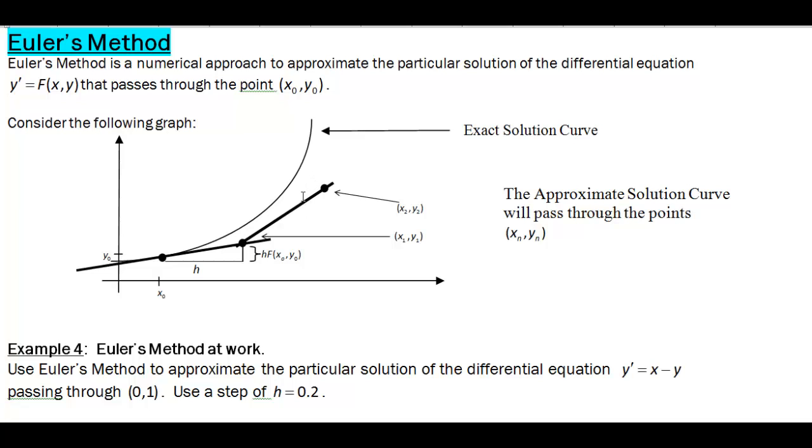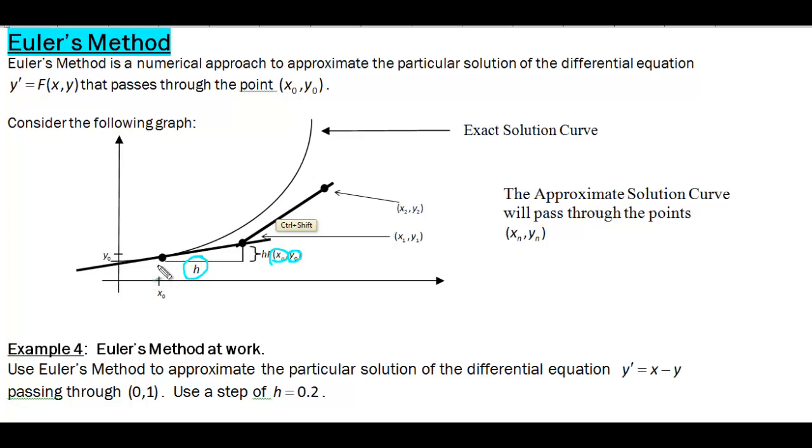As we do that, we are looking at this step value h. How far do we want to go? We can have a step value that's really big or that's really small. Obviously, the smaller h is, the more accurate our curve is going to be. But what we do is we look at this x sub 0 and y sub 0 to come up with values.